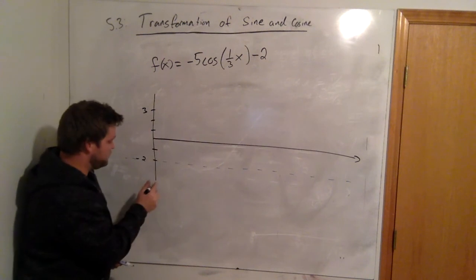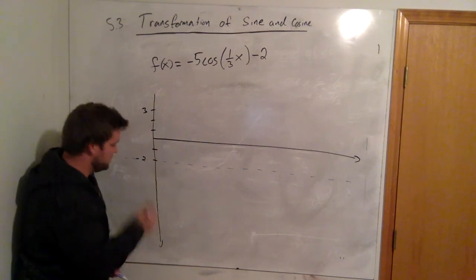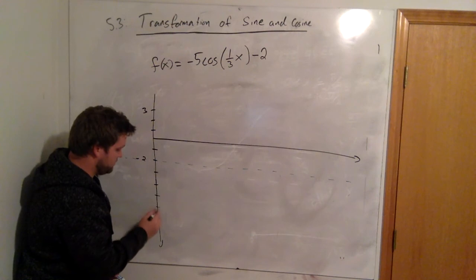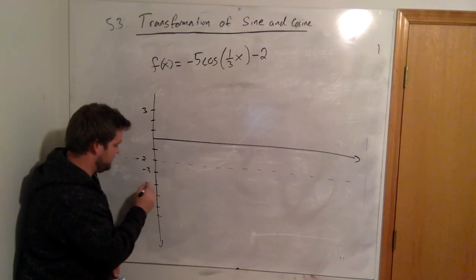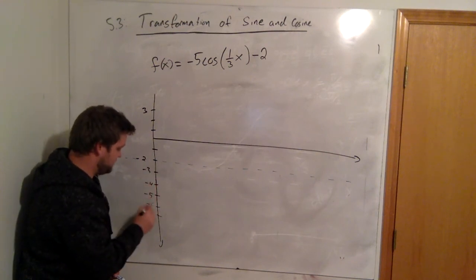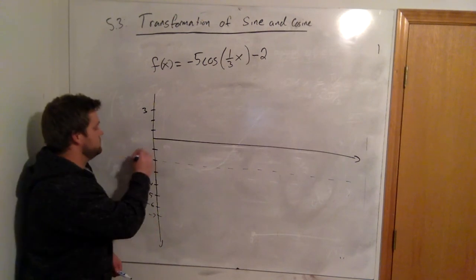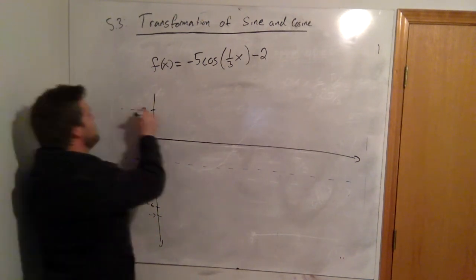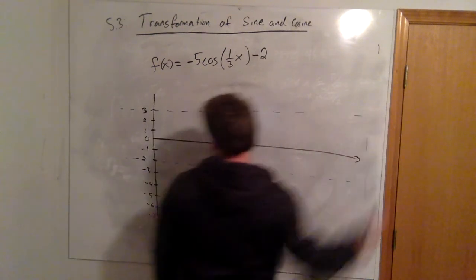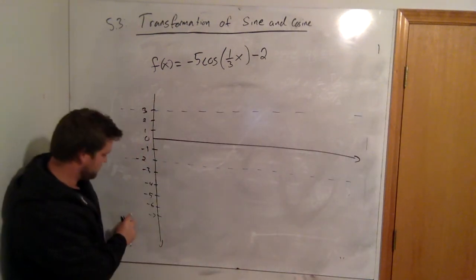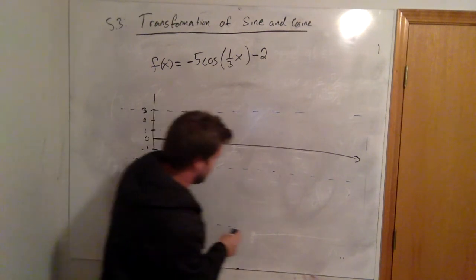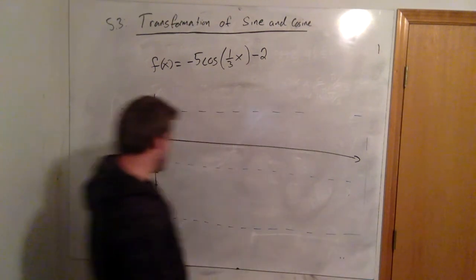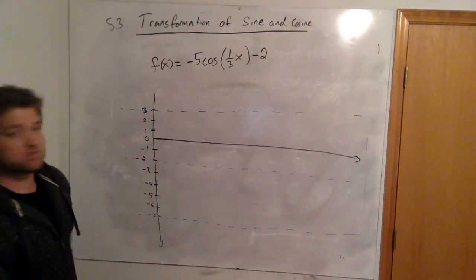I need to go 5 units down from the equilibrium: 1, 2, 3, 4, 5, so -3, -4, -5, -6, -7. I'll mark the upper and lower parts of my amplitude. So I know that my graph is going to live in this window.